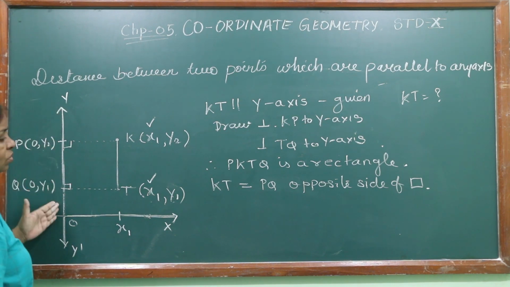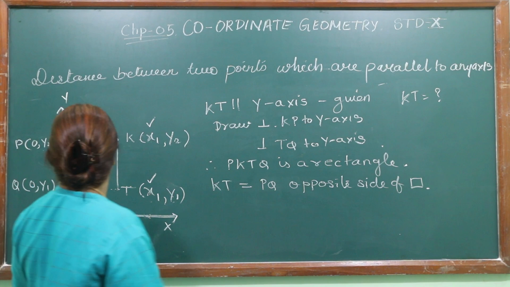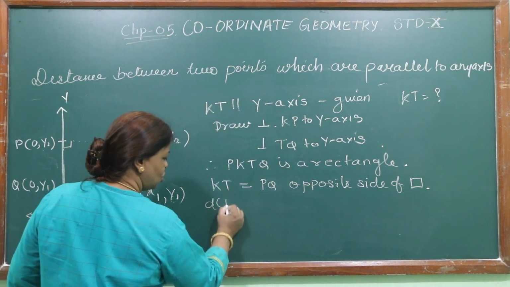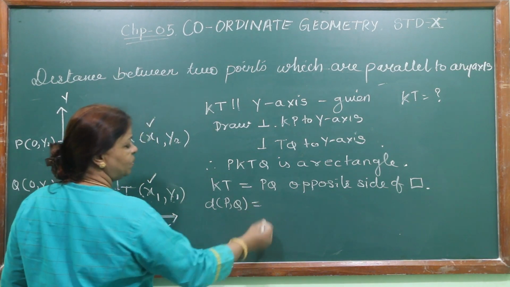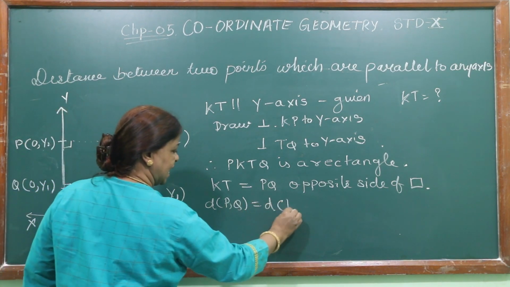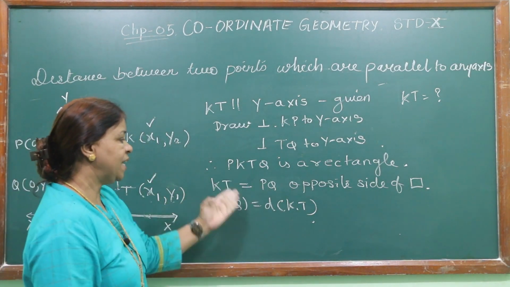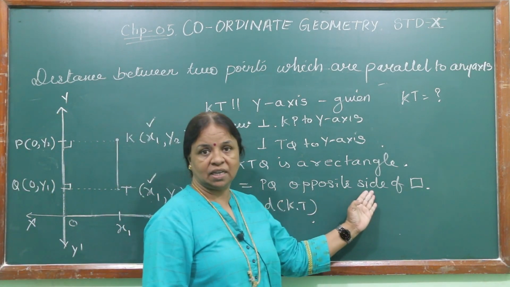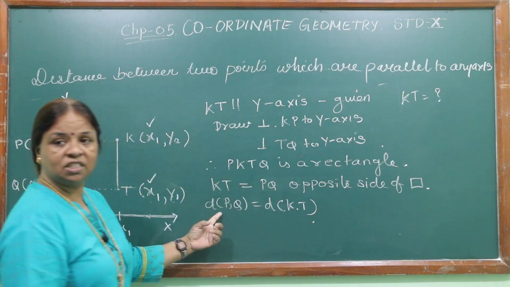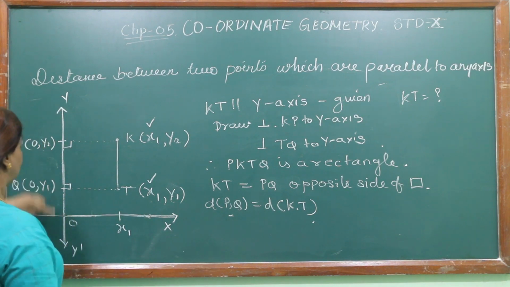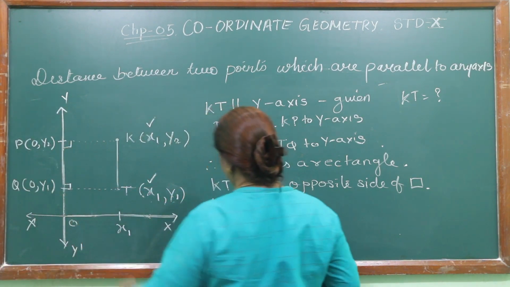We know how to find out the distance on y-axis. So we will first find out PQ. Distance PQ is going to be equal to distance KT, because KT is equal to PQ. Why? Because they are the opposite sides of rectangle. We can find distance PQ. It is on the y-axis.